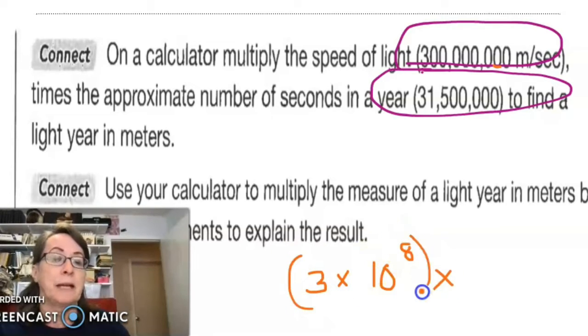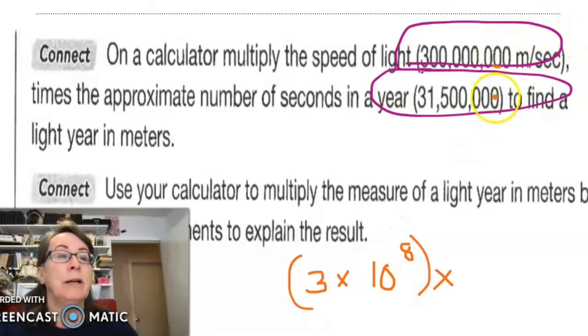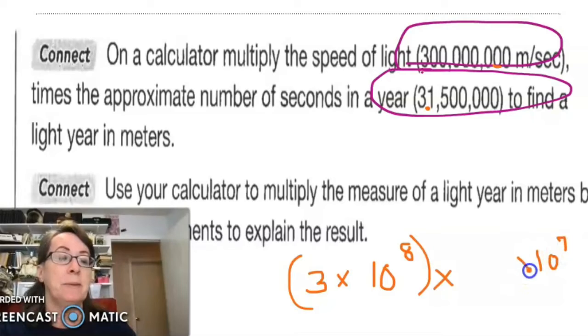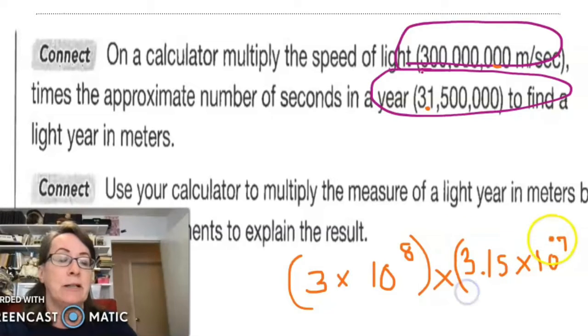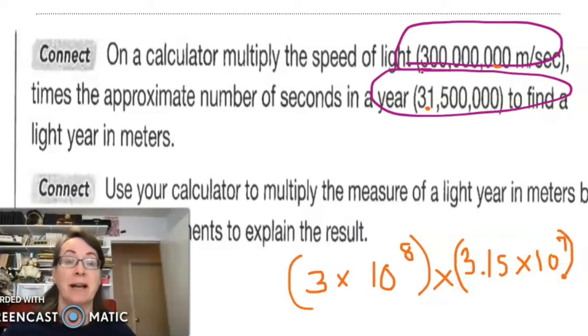This is a real cool thing about scientific notation. We put our decimal right after the first non-zero digit, so it's 1, 2, 3, 4, 5, 6, 7, times 10 to the 7, because we moved it 7 places to the left and have to compensate. This is 3.15. We don't want to lose any accuracy when we change to scientific notation. We don't want to change our number at all, we just want to make things a little easier.